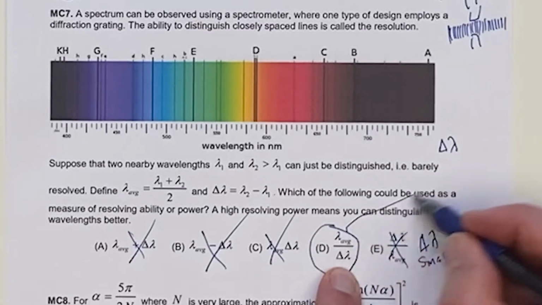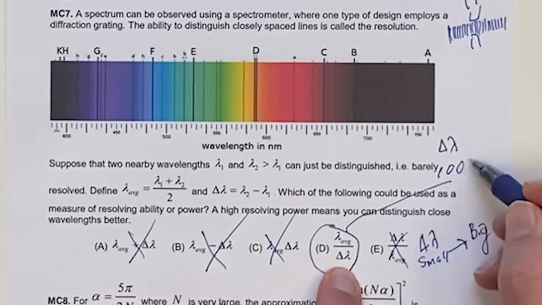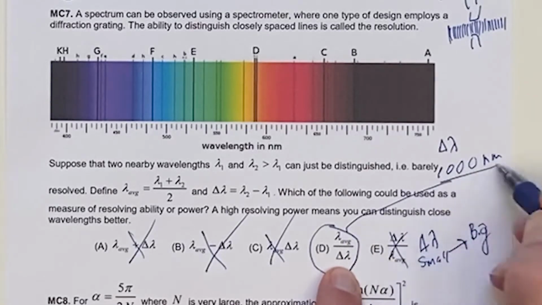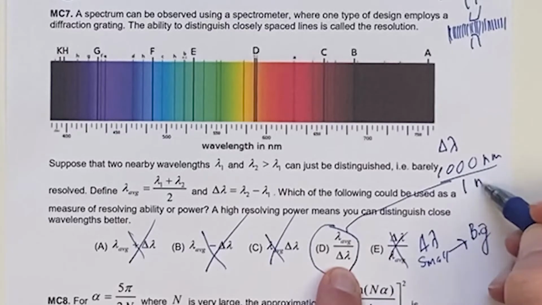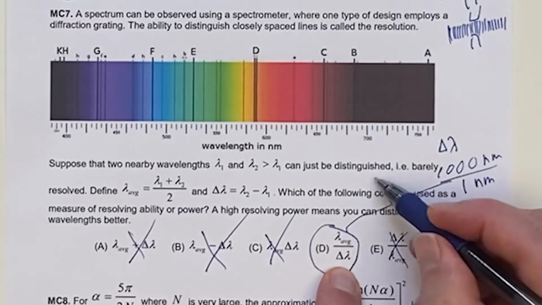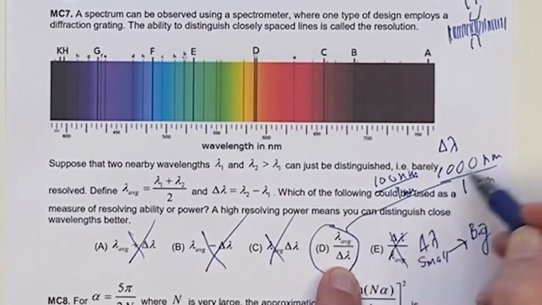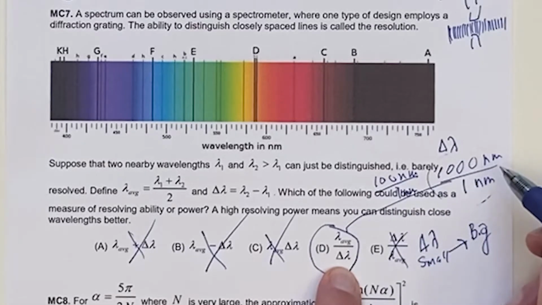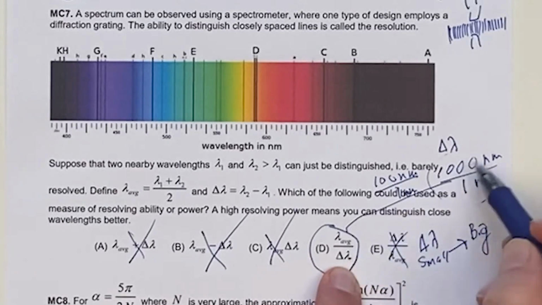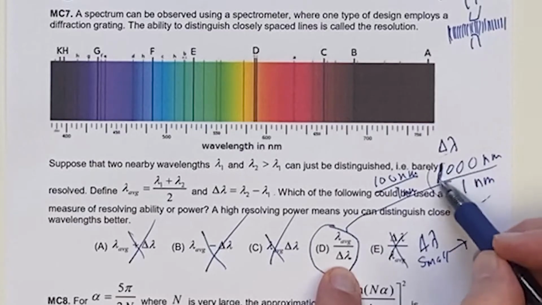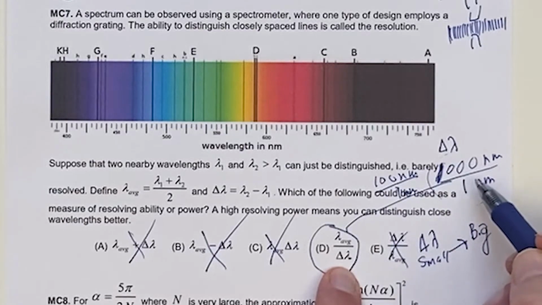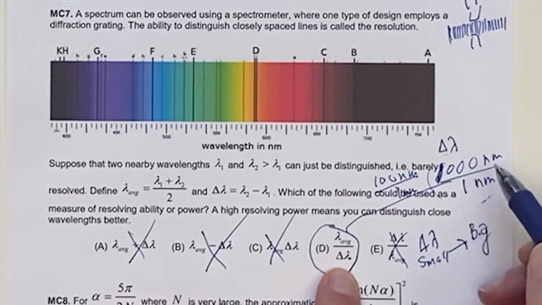See, if this wavelength is very, very big, like say 1,000 nanometers, and you're still resolving 1 nanometer, that's more impressive than if you had 100 nanometers and you were doing 1 nanometer resolution. Because this is a long wavelength here, so that is an even better rating. Because you wouldn't expect this much. You might say, if the wavelength is so big, it will give you a break. I mean, you don't have to resolve as much, but no, you're still resolving more.